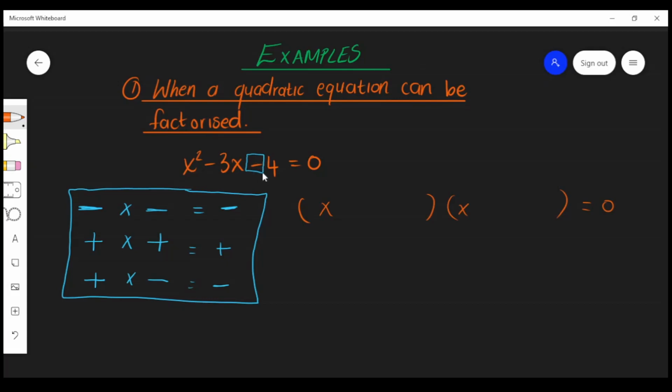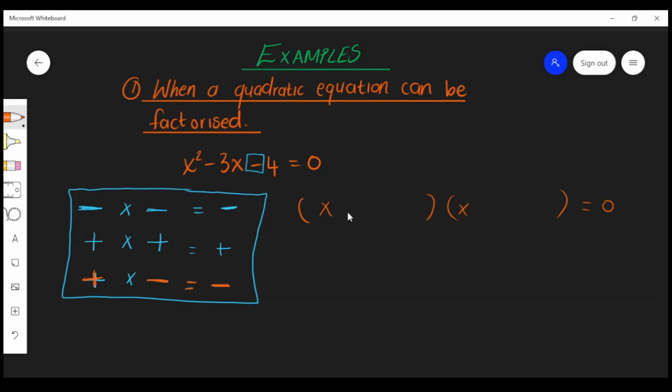Because it's a negative, we need to choose a combination of signs that, if I multiply them together, will give us a negative. And we found that that combination is a positive multiplied by a negative, which will equal a negative sign.